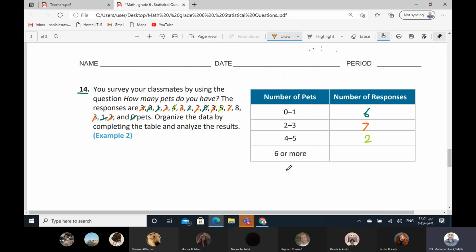Now, more than 6, we have just here number 8, 1. So at most, the result is between 2 and 3.